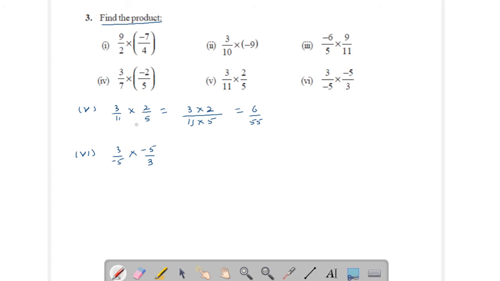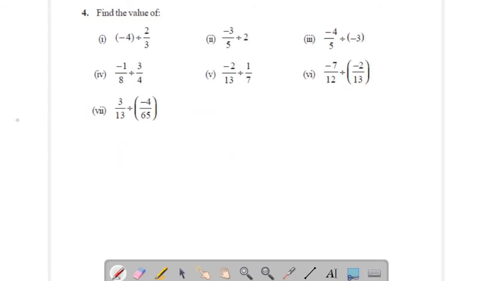Here terms are cancelling. You can cancel the terms. That is 3 one ja, 3 one ja, minus 5 minus 5. They will cancel. What will you get? 1 upon 1. That is 1. This is your answer.